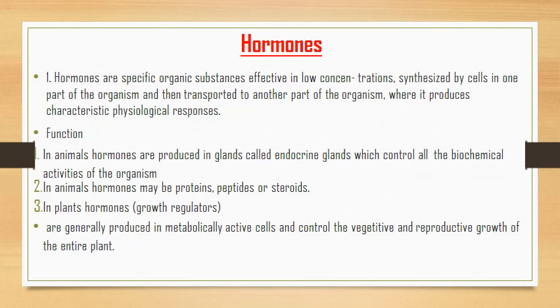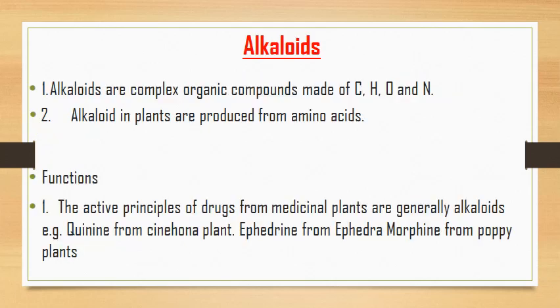In animals, hormones are produced in glands called endocrine glands, which control all the biochemical activities of the organism. In animals, hormones may be proteins, peptides or steroids. In plants, hormones, called growth regulators, are generally produced in metabolically active cells and control the vegetative and reproductive growth of the entire plant.